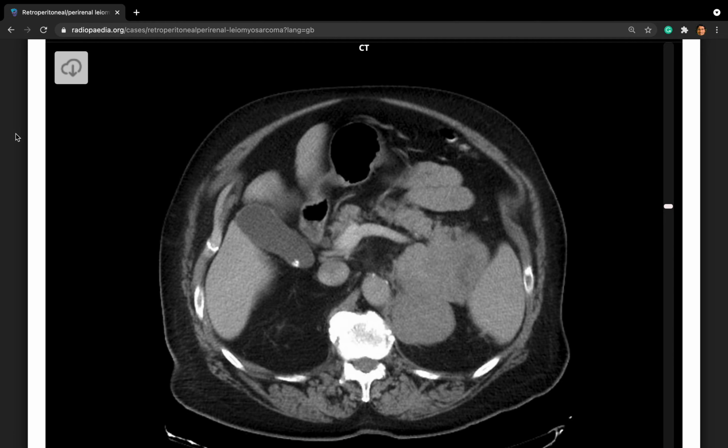I will review his past history and the medications he's on. We'll look for any risk factors like obesity, hypertension, and any family history of renal malignancies.